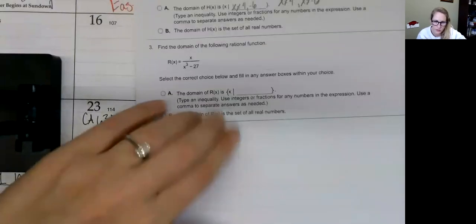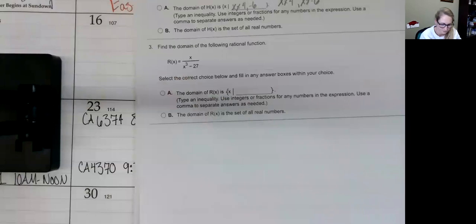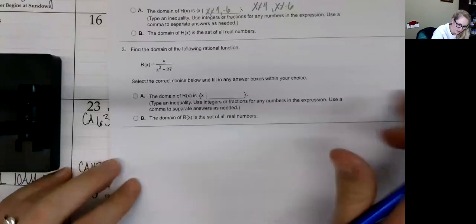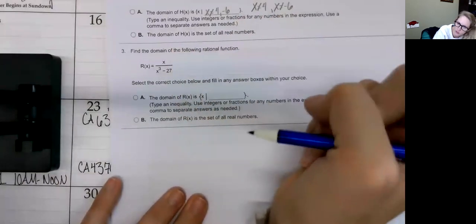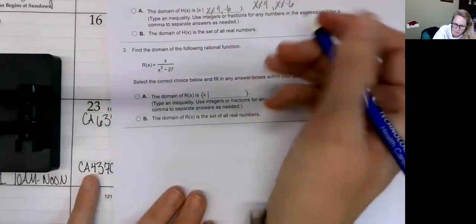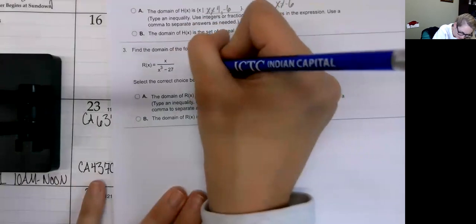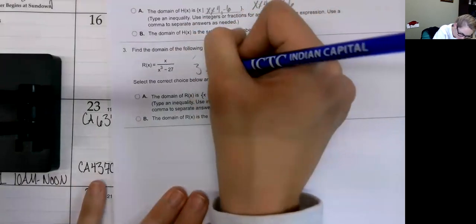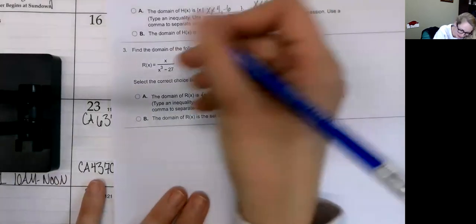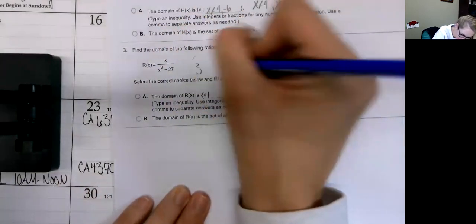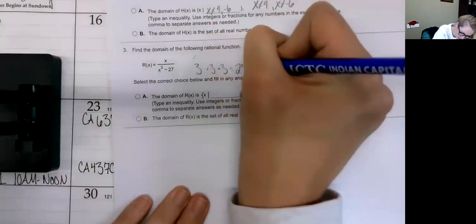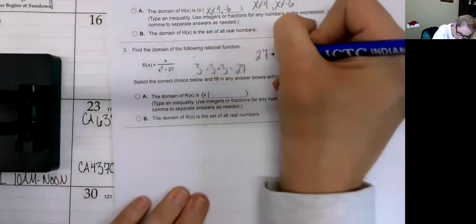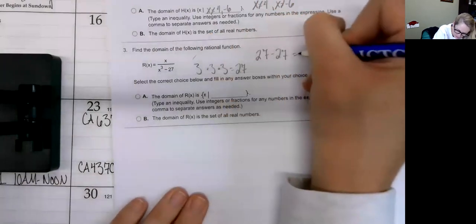Right here, this is one of our cubes. So what cubed equals 27? And that paper is going to be posted. And it's 3. And -3, but if we had, so 3 cubed, 3 times 3 times 3 equals 27. 27 subtract 27 equals 0.